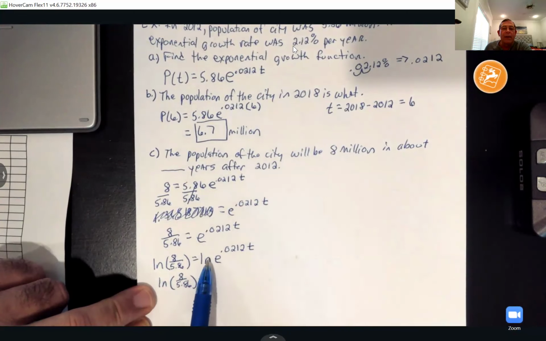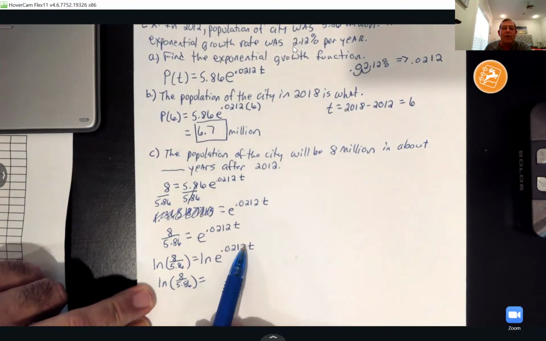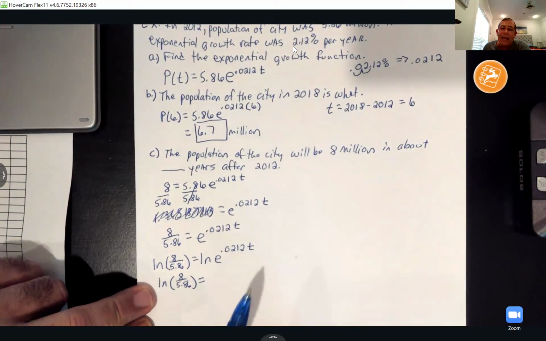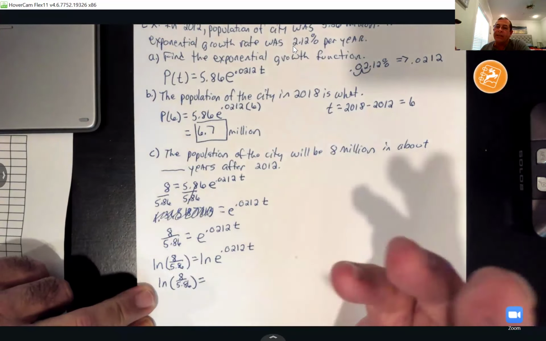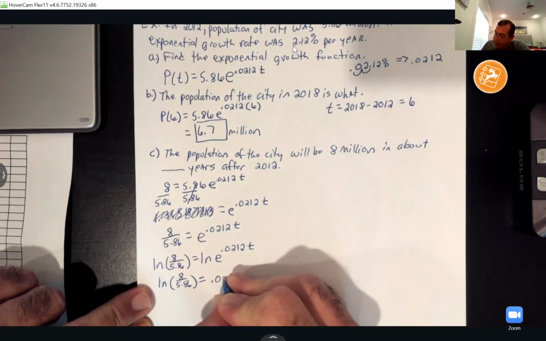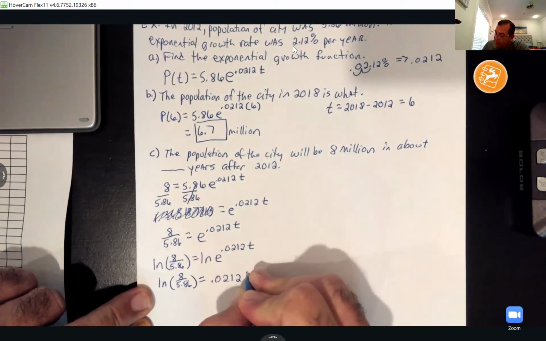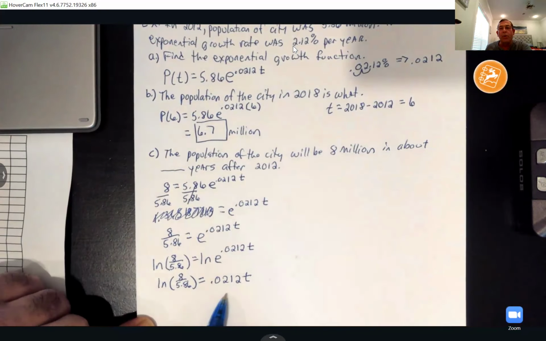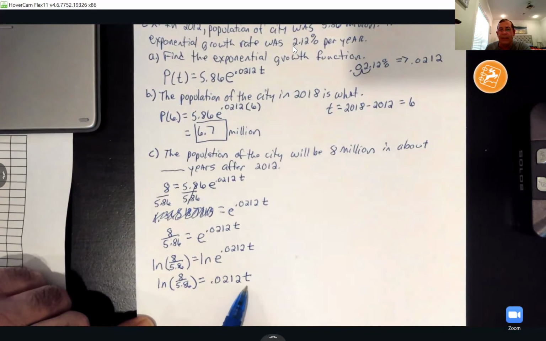But y'all remember, ln of e to an exponent equals the exponent. So the ln of e basically cancels itself out, making it a 1. So the right side is just going to be the exponent, the 0.0212 times t.